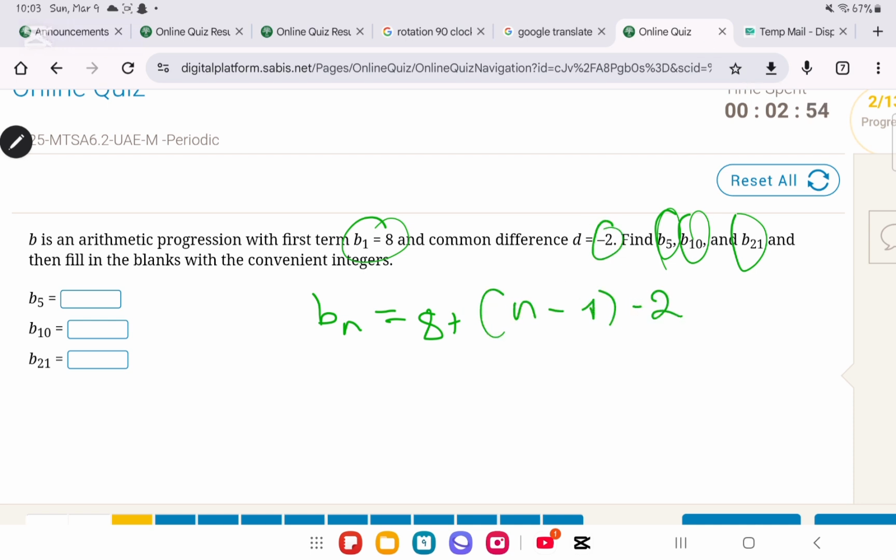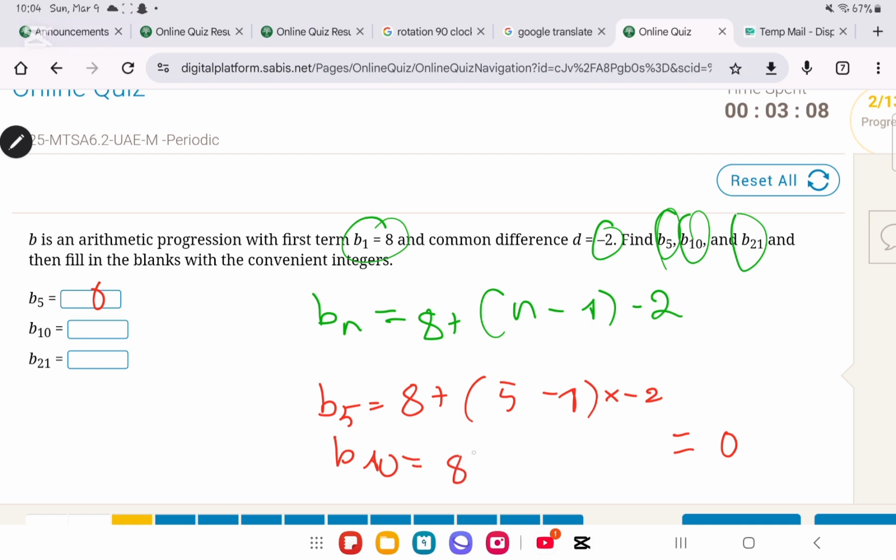So, in this case, you could put b5, it's equal to 8 plus 5 minus 1 times minus 2. So, you will put it on the calculator and you will get an answer of 0. b10 is equal to 8 plus 10 minus 1 times minus 2. Put it on the calculator, you will get an answer of minus 10.